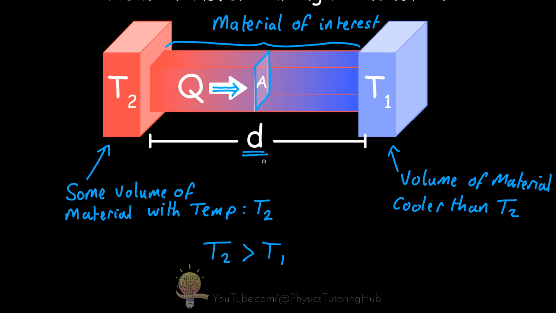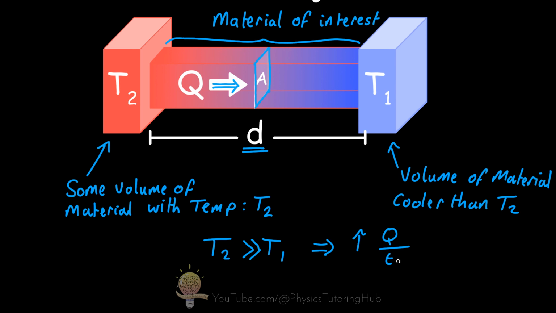Lastly, the temperature difference between both ends of the material plays a role here. A higher temperature difference results in a larger rate of heat transfer, and the temperature difference is simply the temperature of the hot region minus the temperature of the cold region. So if the temperature between these two regions was the same, there wouldn't be any heat transfer.